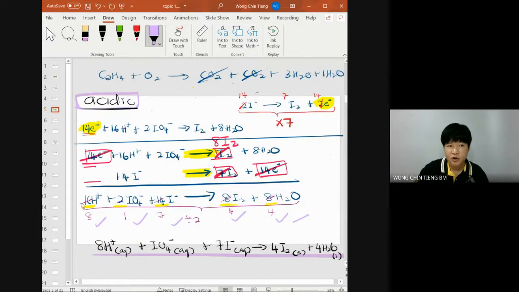If that is your acidic medium, equation kamu kena berakhir pada acidic. Your final answer definitely having H+. Again, tak kisah on the left or on the right. Yang penting ada H+. Nama pun acidic, kenalah tinggal sebagai H+. Nama pun basic, kena adalah OH minus. Make sense?